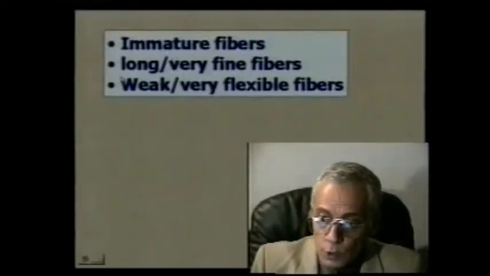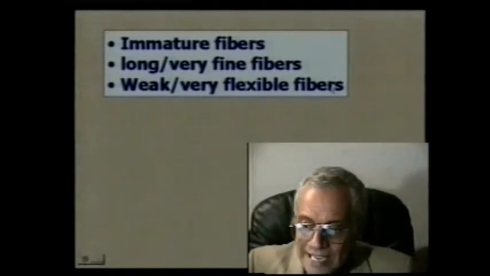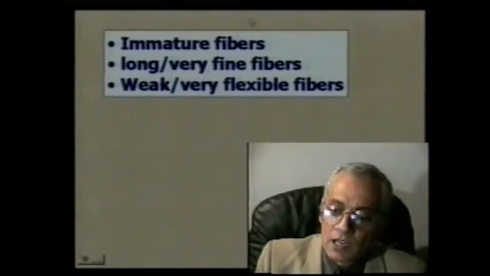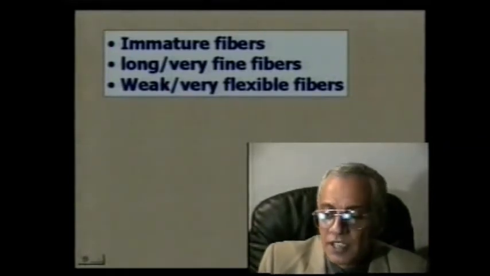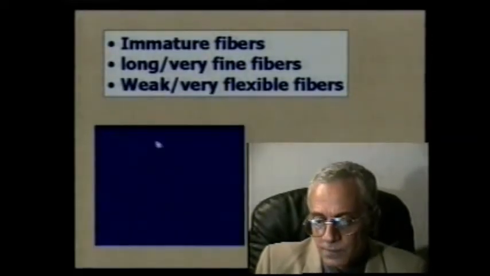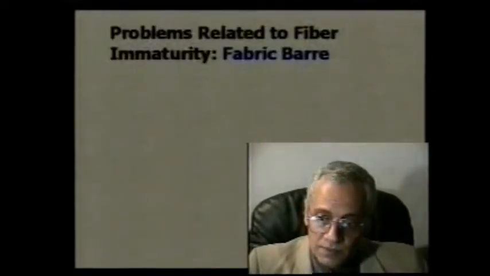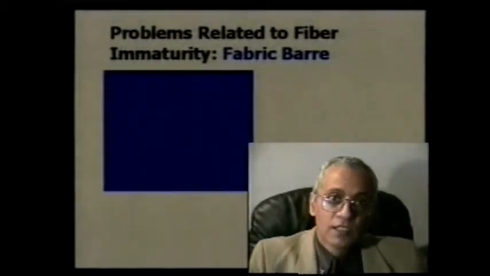This may be revealed later when a nep falls off the fabric or garment. Immature fibers, long, very fine, weak, very flexible fibers are potential causes of neps in the process and in the fabrics. Not enough cellulose, not enough absorption of dye.